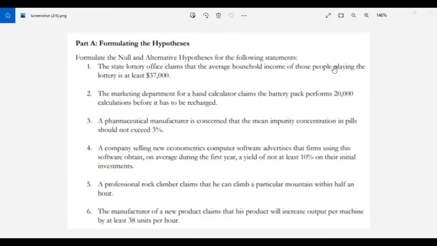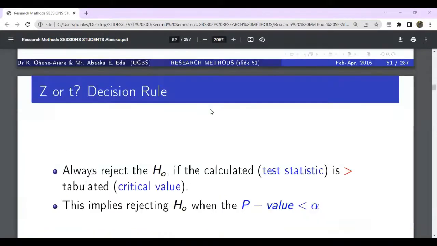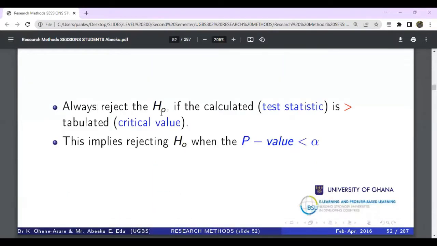So let's move on to today's class. This slide is giving us the decision rule. Always reject the H0 if the calculated or test statistic is greater than the tabulated or critical value.